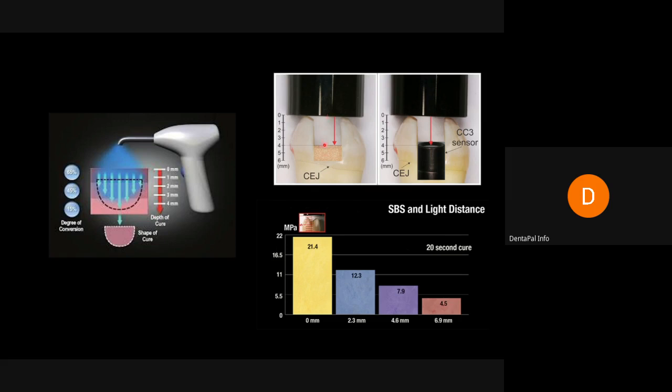In this 4 millimeter distance, the intensity of light will decrease. So if it is supposed for us to light cure composite for 20 seconds, in this situation, you have to increase the time of curing, cure for 30 seconds, and achieve better conversion rate.